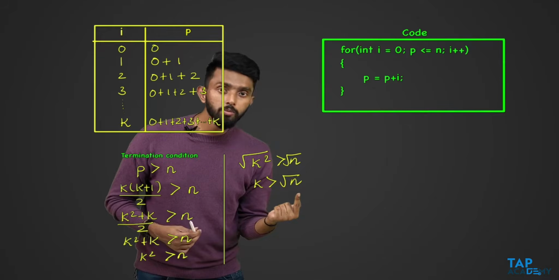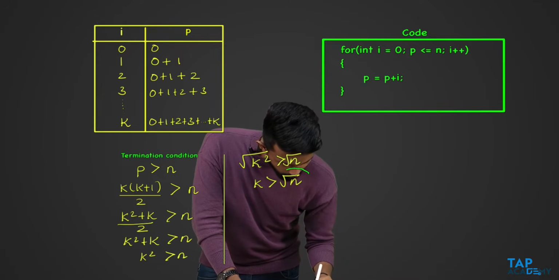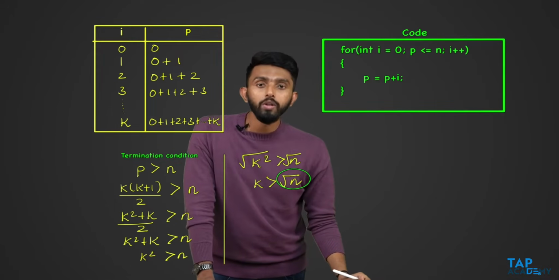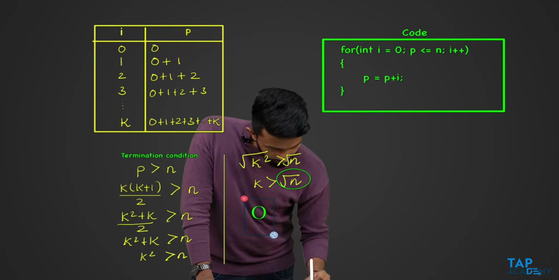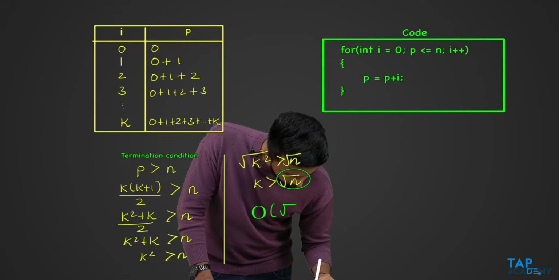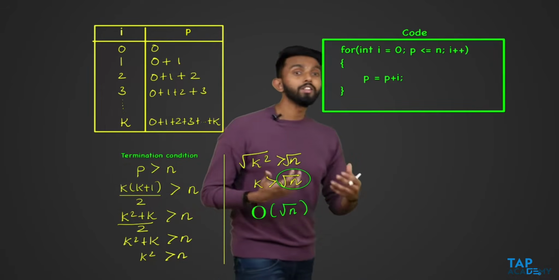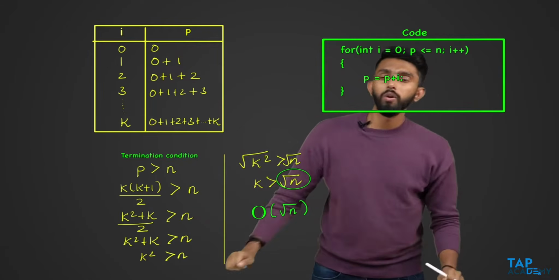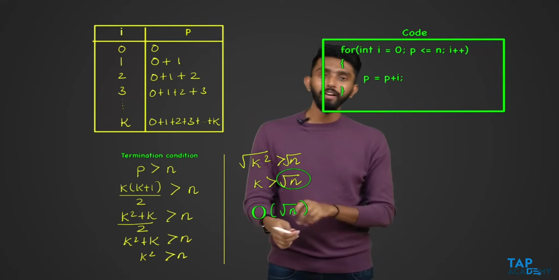It is always in terms of n, and clearly one can notice that here the time complexity is root n, which means, wouldn't you agree, I can say that this is big O of root n. This, my dear friends, is the time complexity of this code. I hope you got a general idea of how we are calculating.